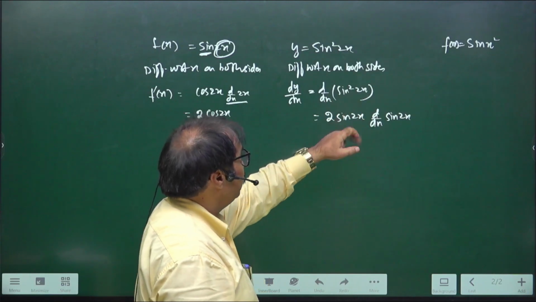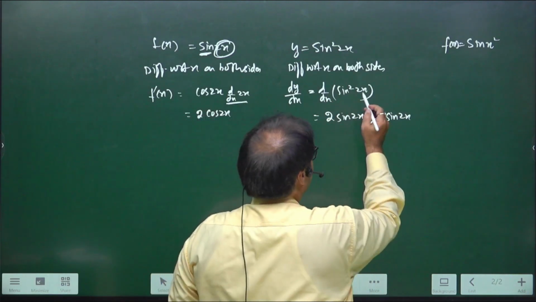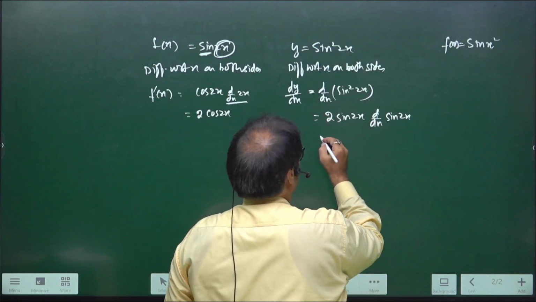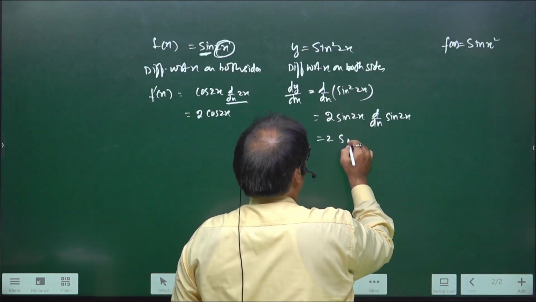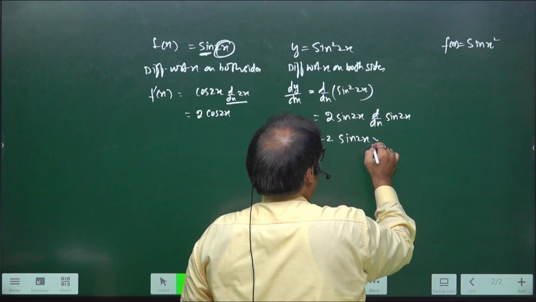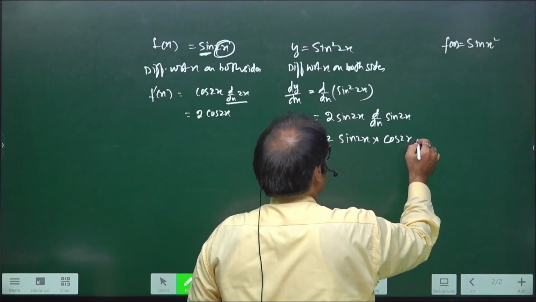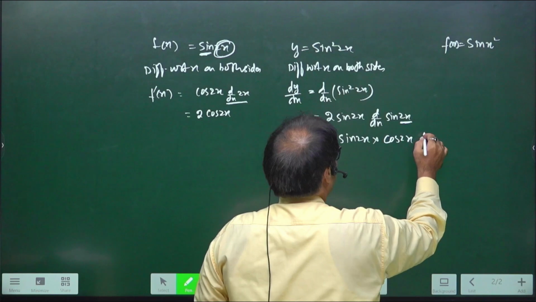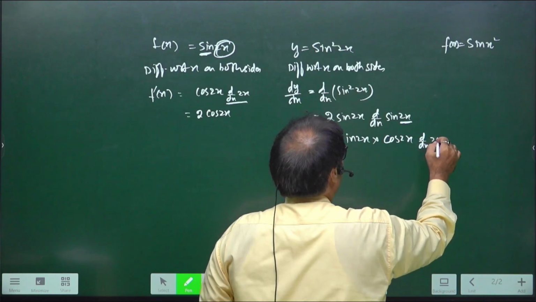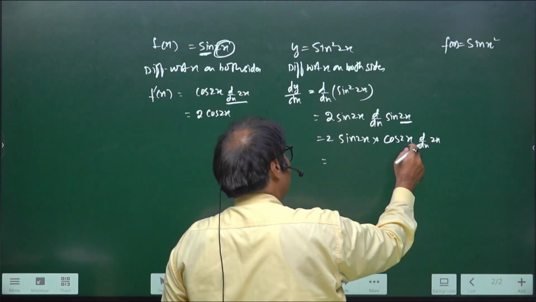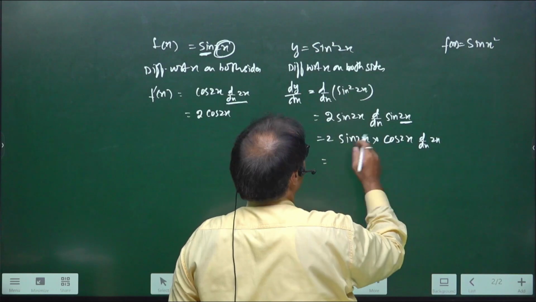So 2 into sin 2x, and now d by dx of sin 2x. The derivative of sin 2x is cos 2x, and what is left is the derivative of 2x, which will be 2.